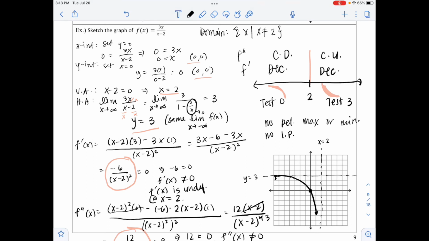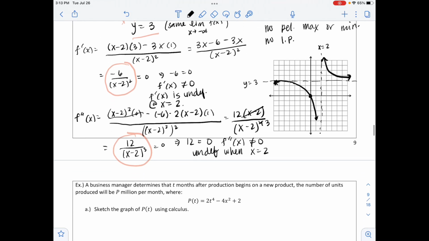And the graph gets closer and closer and closer to it. And then from 2 to infinity, it's going to be concave up and decreasing. Again, it's just a rough sketch, so just do the best you can. If you wanted to, you can find additional values to substitute into the original function and plot those to have more of an idea of the exact location of that part.